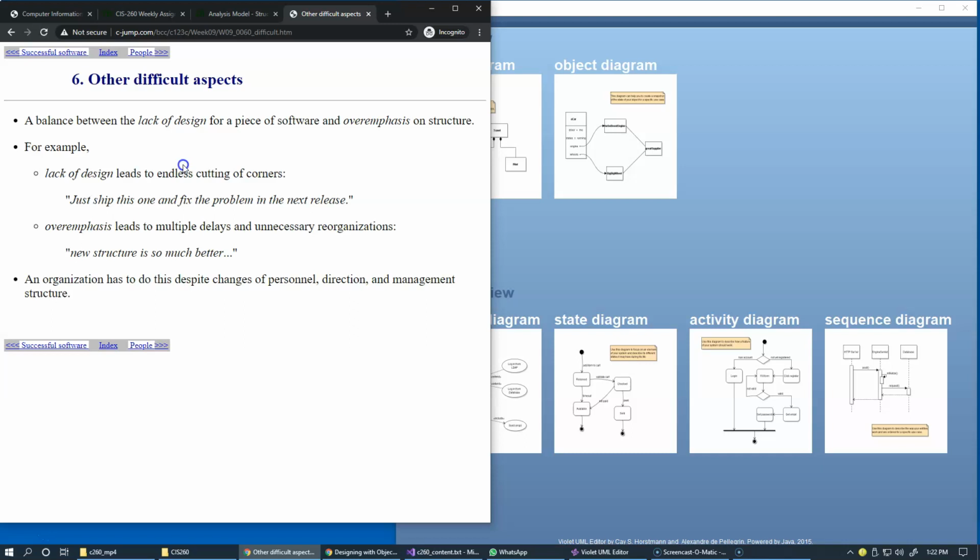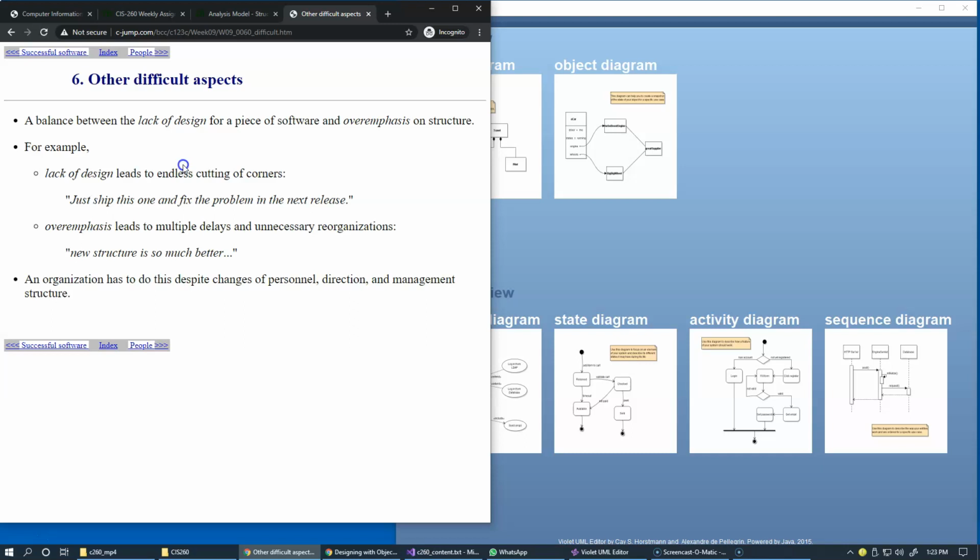And on the other side of things, if we constantly overdo the design, focusing completely on some sort of universal solution, it just leads to a series of constant reorganizations, rebuilding, restructuring, refactoring everything, making it better all the time.